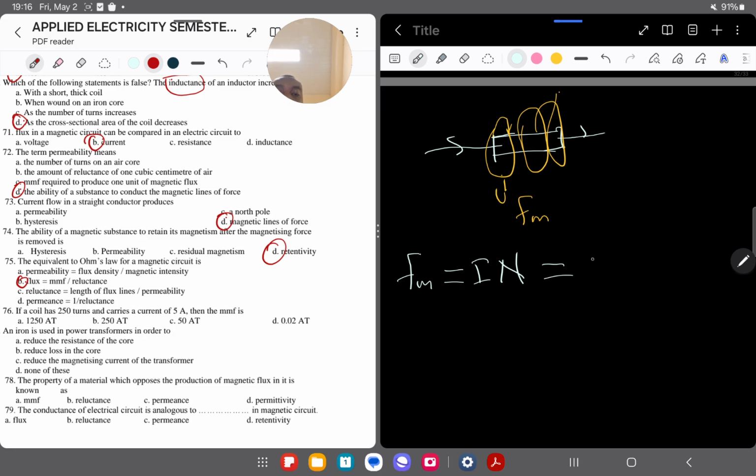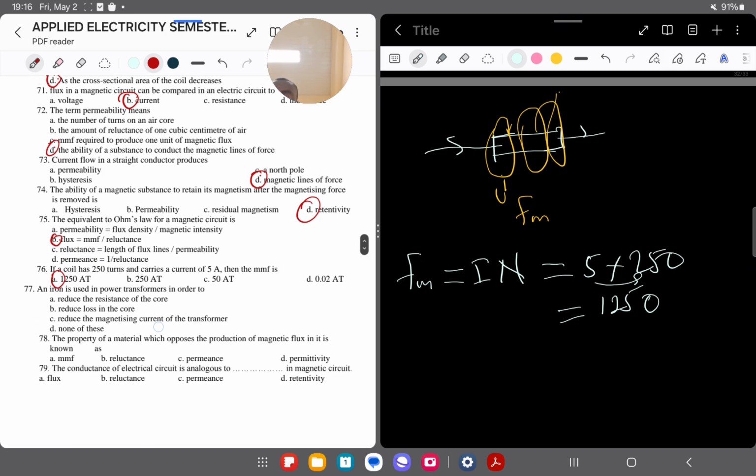This is 5 times 250. When you do the multiplication, 0.5 times 25 is 125, so the answer here is A, which is 1250 ampere-turns.